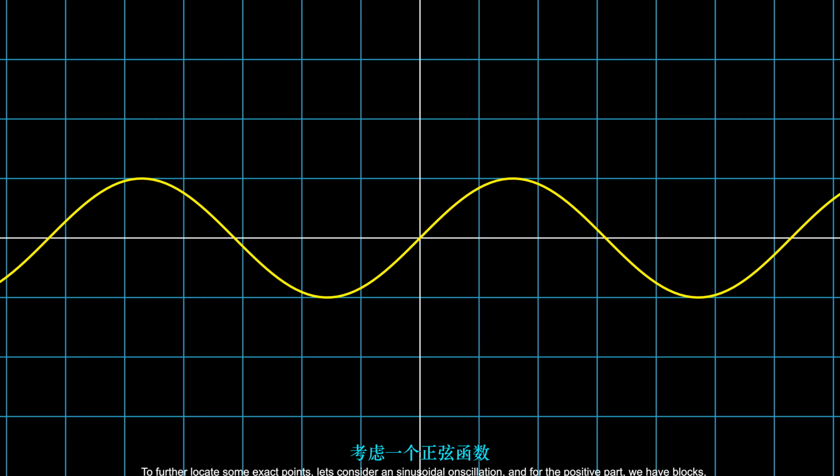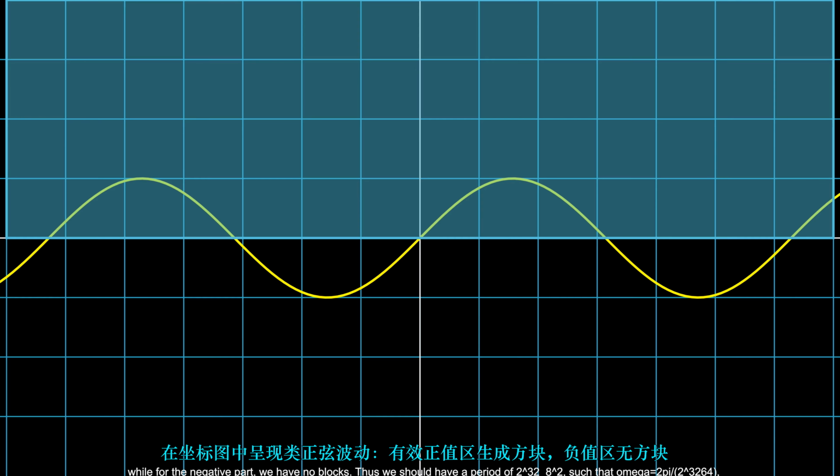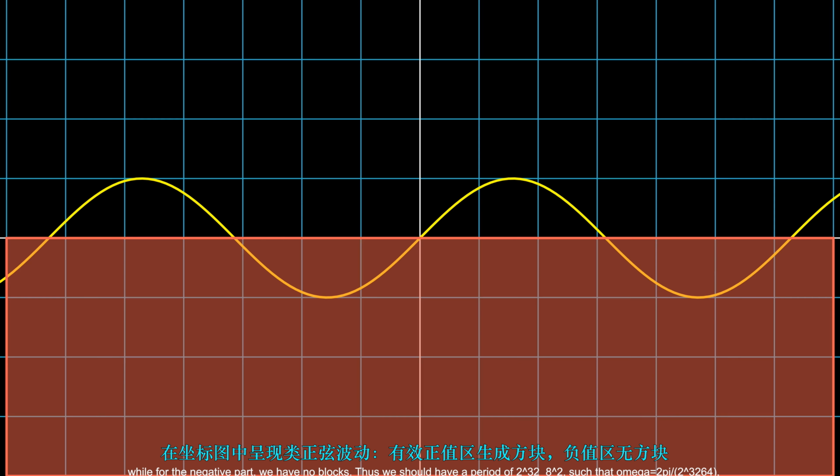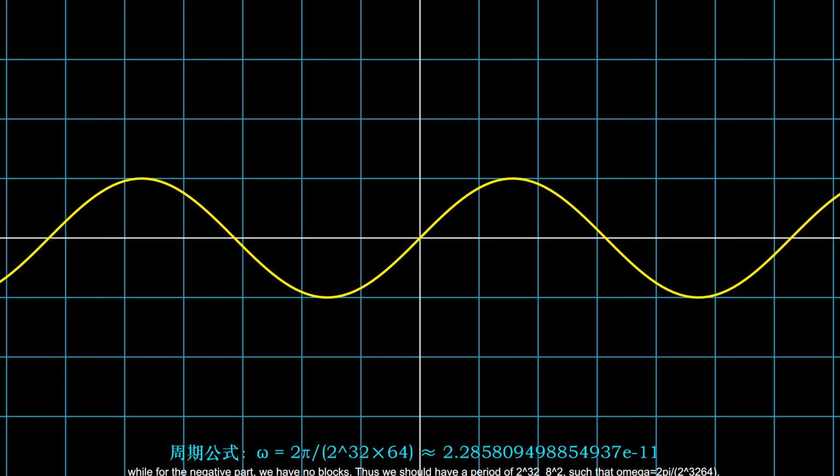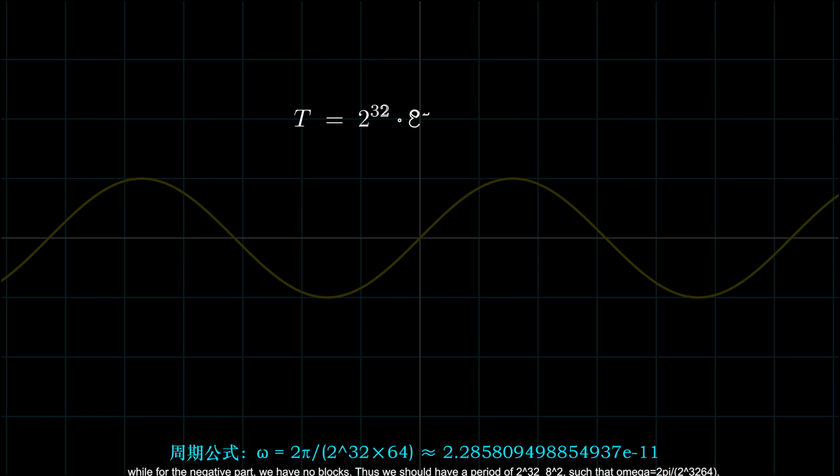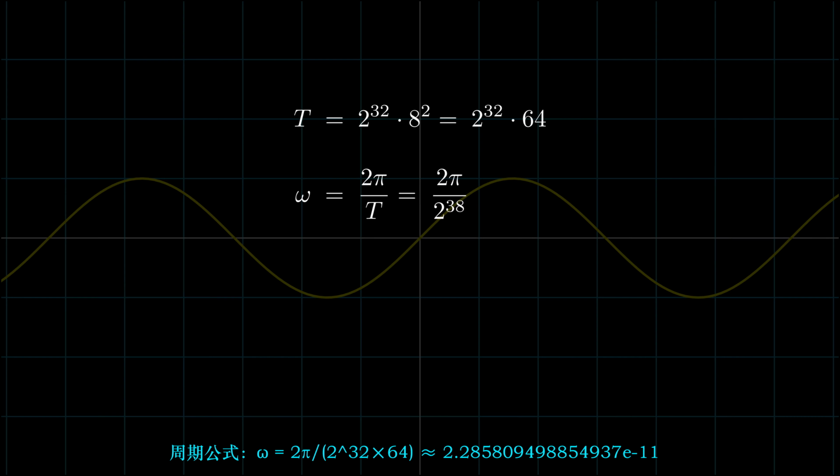For the positive part, we have blocks, while for the negative part, we have no blocks. Thus, we should have a period of 2 to the power of 32 times 8 squared. Thus, omega equals 2 pi over 2 to the power of 32 times 64, which equals approximately 2.2858 times 10 to the power of minus 11, which is a really small number.